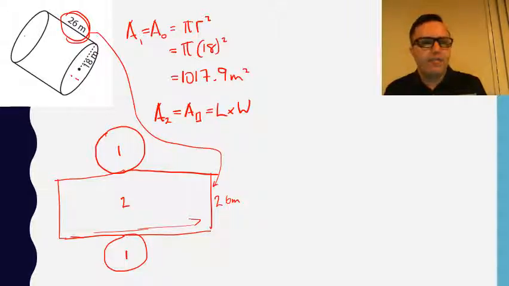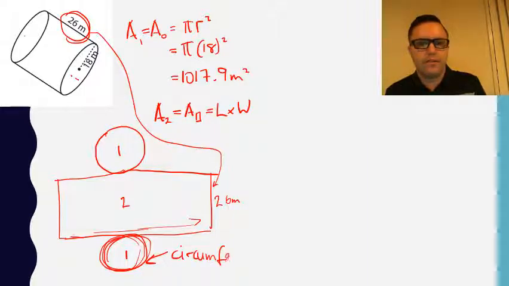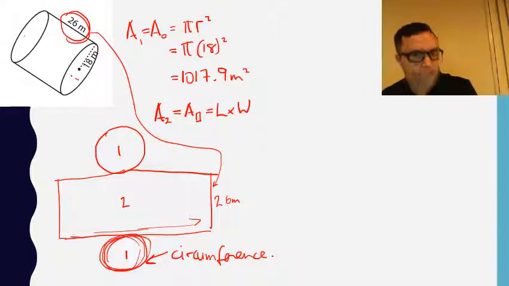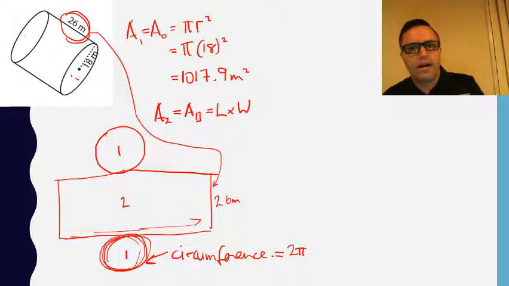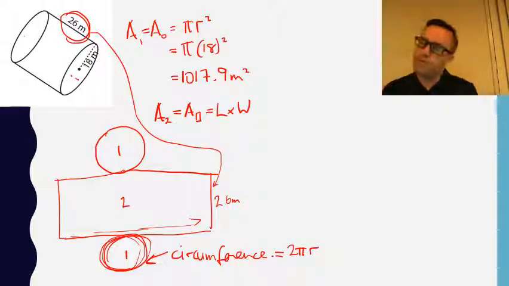Well, if we wrapped it back up, you would find that this wraps up perfectly around the circle, and this is called the circumference. And the length around the outside of a circle, the circumference, is equal to 2 pi r, or pi times diameter, whichever one you go for. So that would be our length.